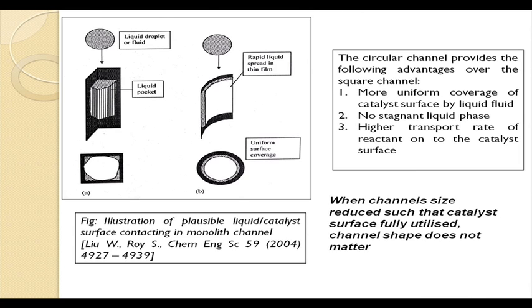Interestingly, the entire discussion which I had was for a conduit dimension of 2 millimeters. The circular conduits were of 2 millimeters diameter and the square conduits were of 2 millimeters edge. Now, when the conduit dimension was reduced to 1 millimeter, we found that definitely the catalyst activity was enhanced.